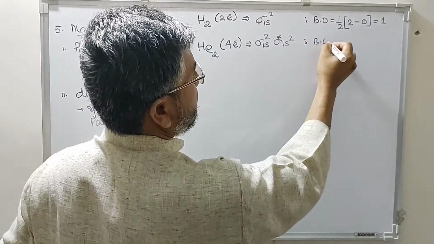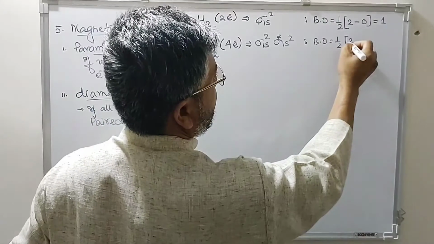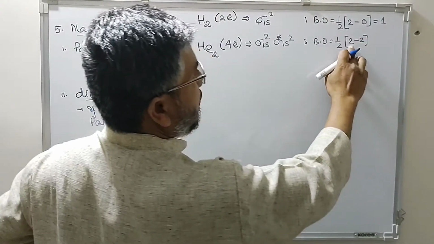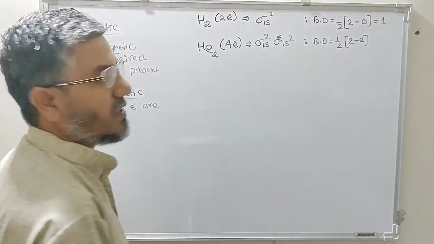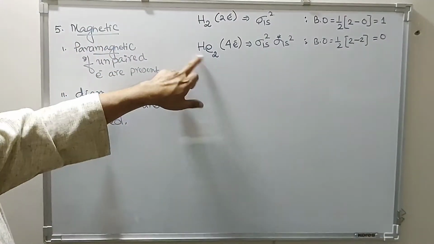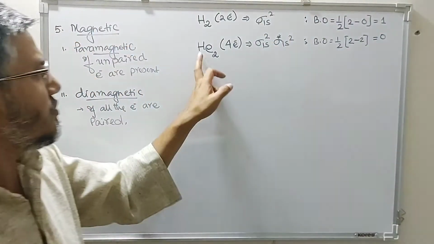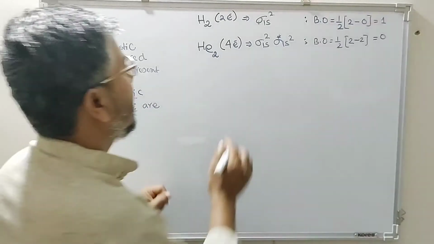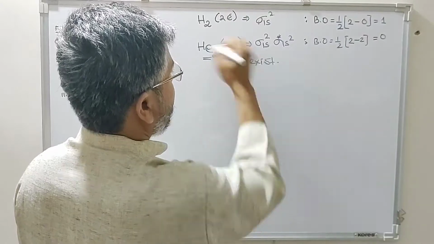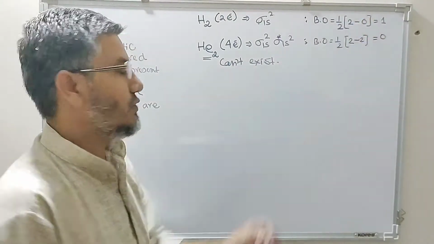Bond order is half times the number of electrons in bonding, 2, minus the number in anti-bonding, 2. The electrons in bonding and anti-bonding are the same, so the bond order is 0. If the bond order is 0, there is no chemical bond between helium and helium, so He2 is unstable and cannot exist.